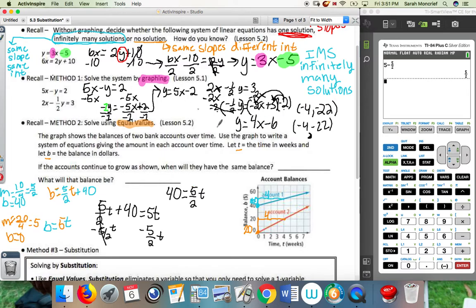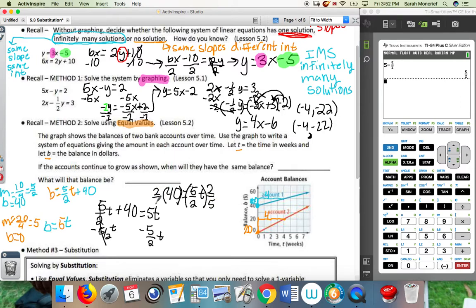So remember up here, when we needed to get rid of the negative 1/2 because we were multiplying by it, I said, hey, let's multiply by the reciprocal. So in this case, we're going to multiply by the reciprocal of 5 over 2. And what is the reciprocal of 5 over 2, everybody? You're right. It is 2 over 5.